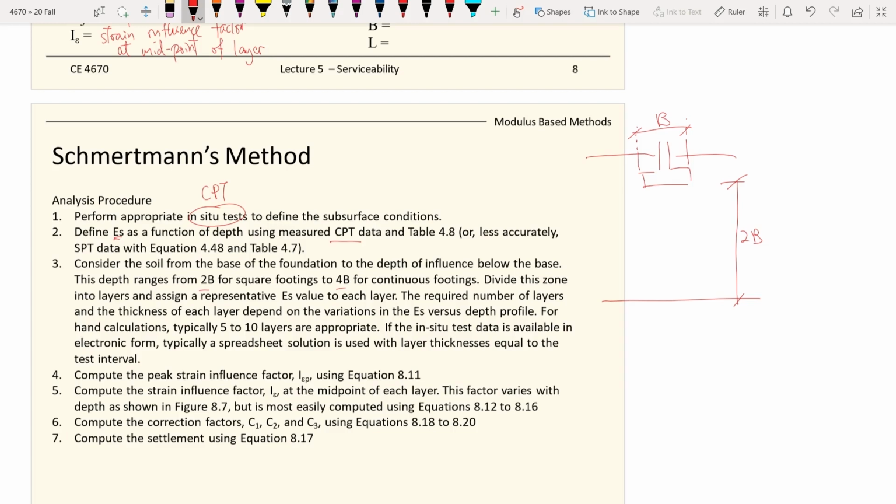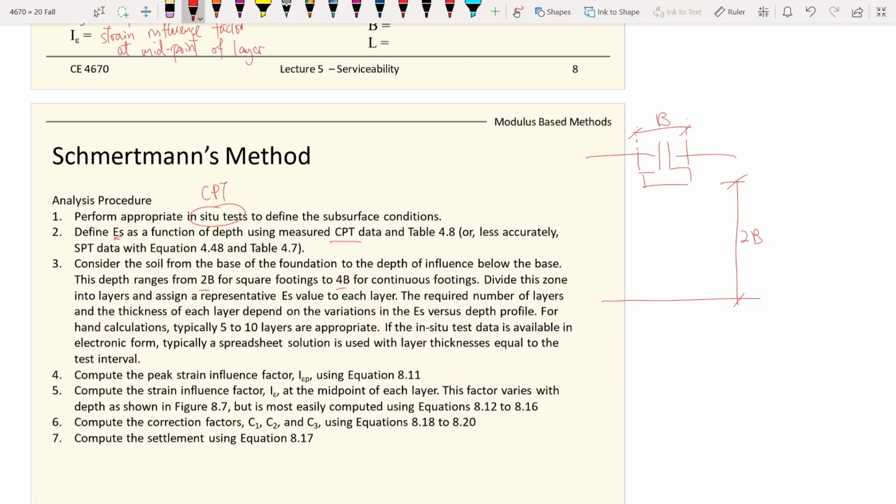If the in-situ test data are available in electronic formats, like in a spreadsheet, you can automate those with the time interval of your measurements. For CPT, you push your cone into the ground at a certain rate, so you get all your discrete data rows, and maybe you can just use the rate, which means you can know the thickness, right?